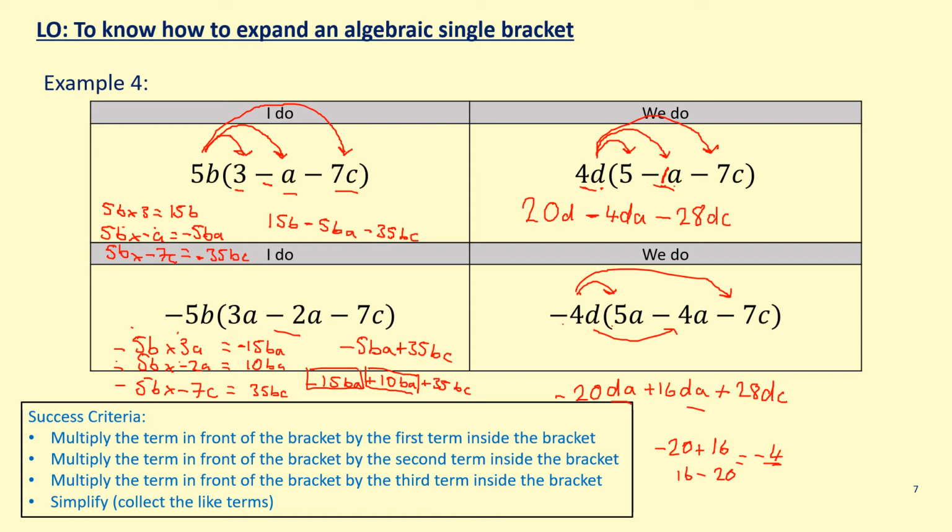So minus 20, when you add a number to a negative number, you get closer to 0. You essentially make the number smaller. So the final answer, and give it a tick in your green pens if you got it right, is minus 4 dA add 28 dC, now that we've simplified it by collecting the like terms.